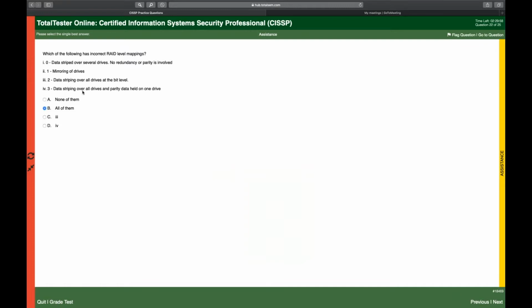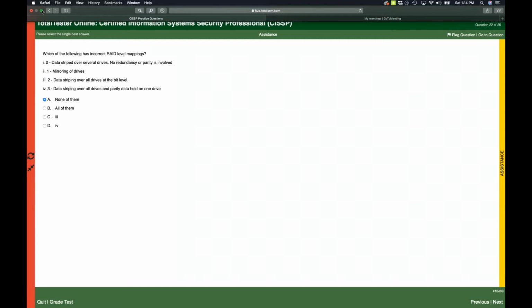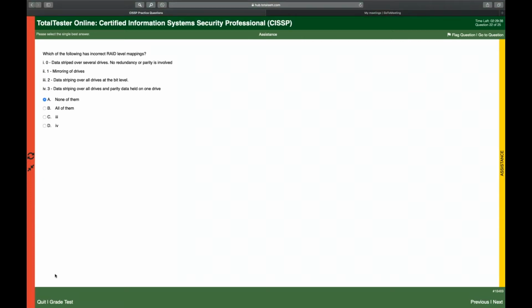I agree with Alpha. Yeah. For some reason I think it's Alpha. No, it's not. I'm still going for the last one because it says data held on one drive, isn't it? I think the parity is always on one drive. Oh, okay.